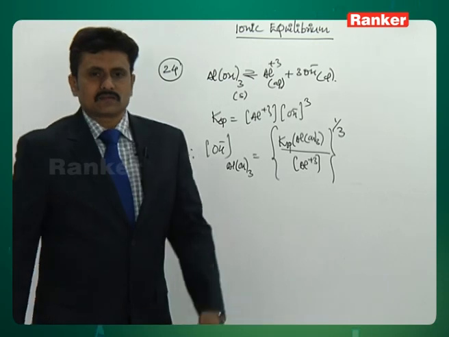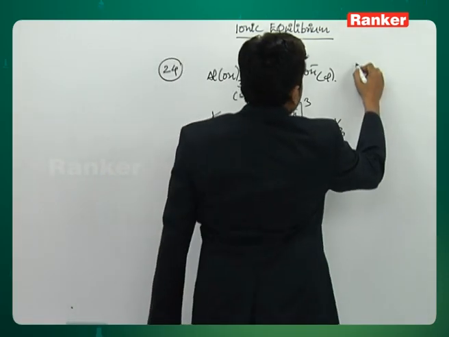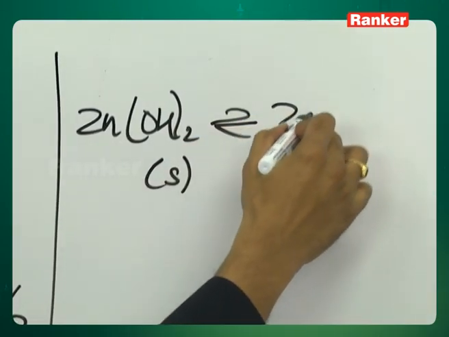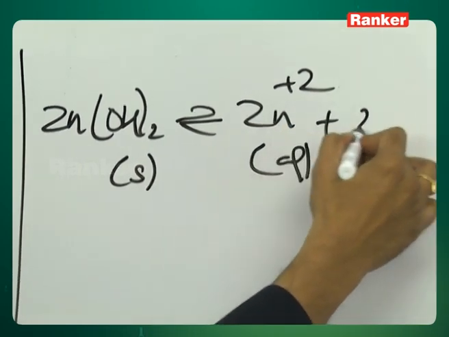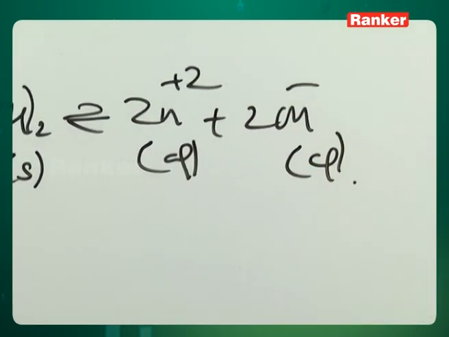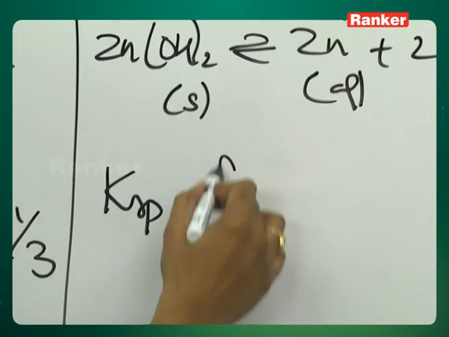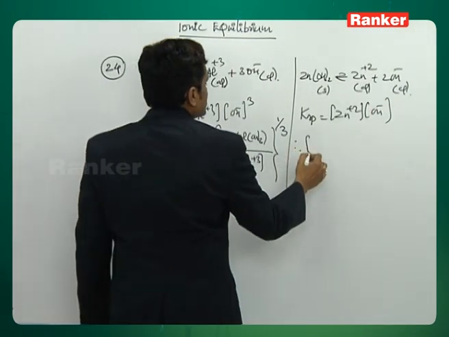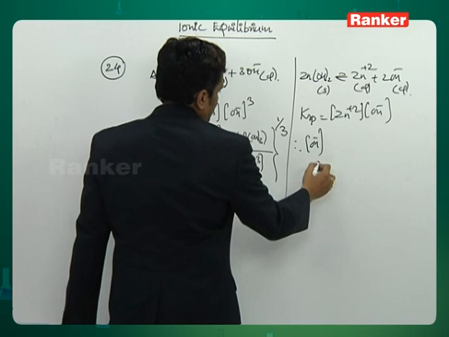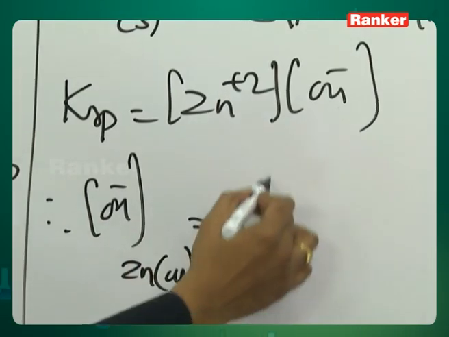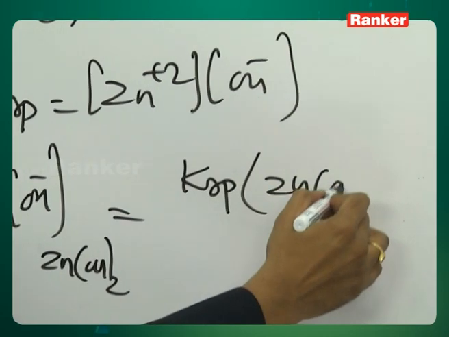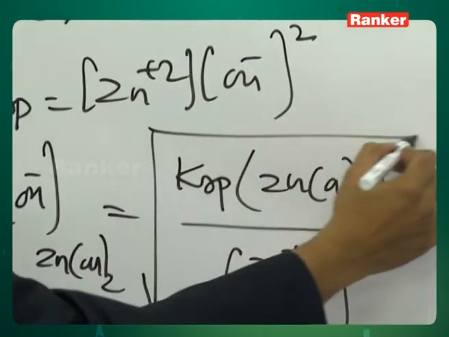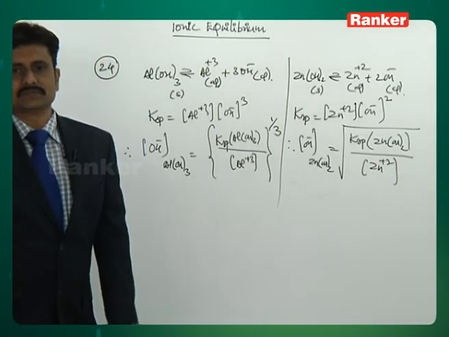When it comes to the other substance, we have here zinc hydroxide solid, so when we write the Ksp of zinc hydroxide, therefore we say that the concentration of OH minus which is required for the minimum precipitation of zinc hydroxide is Ksp of zinc hydroxide upon concentration of Zn plus 2, whole to the power 1 by 2.